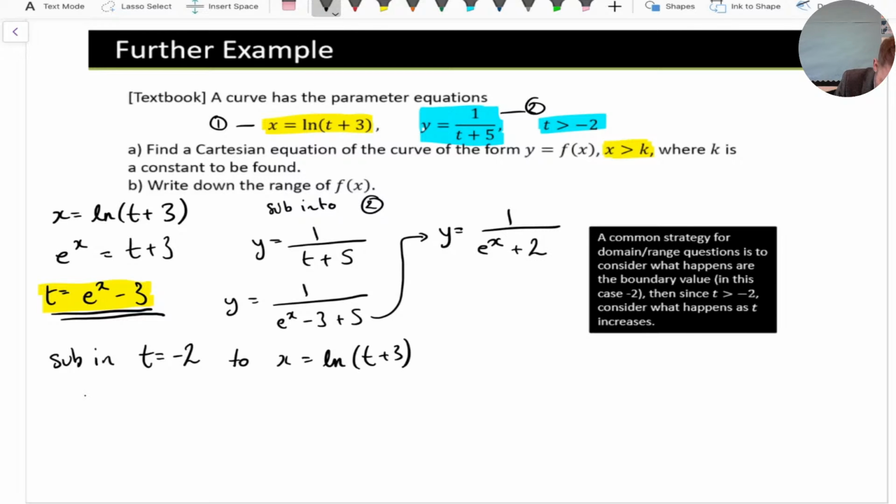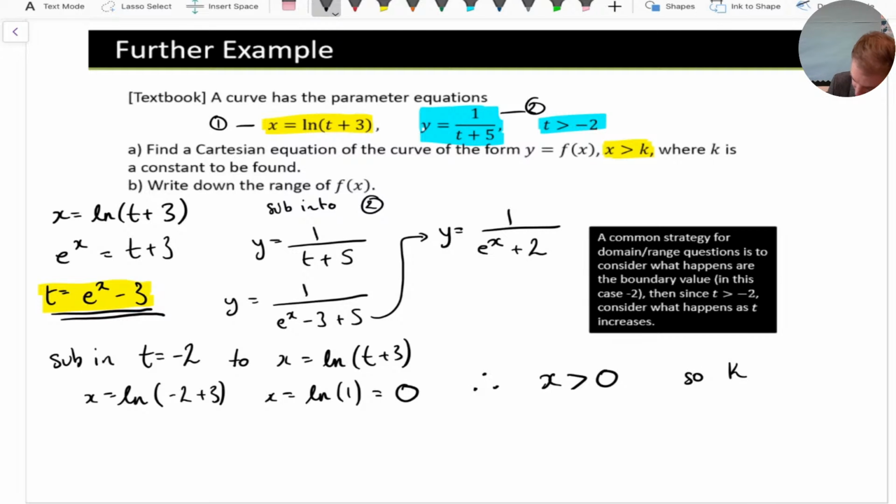So x is equal to ln of -2 plus 3, which gives x is equal to ln of 1. ln of 1 is equal to 0. So therefore this is when x is greater than 0, and that value of k which we were trying to find is equal to 0.